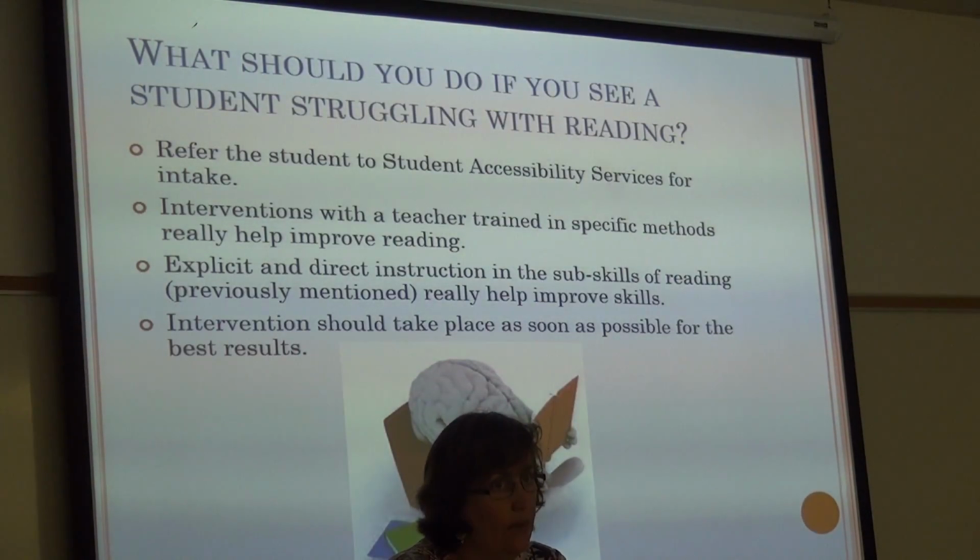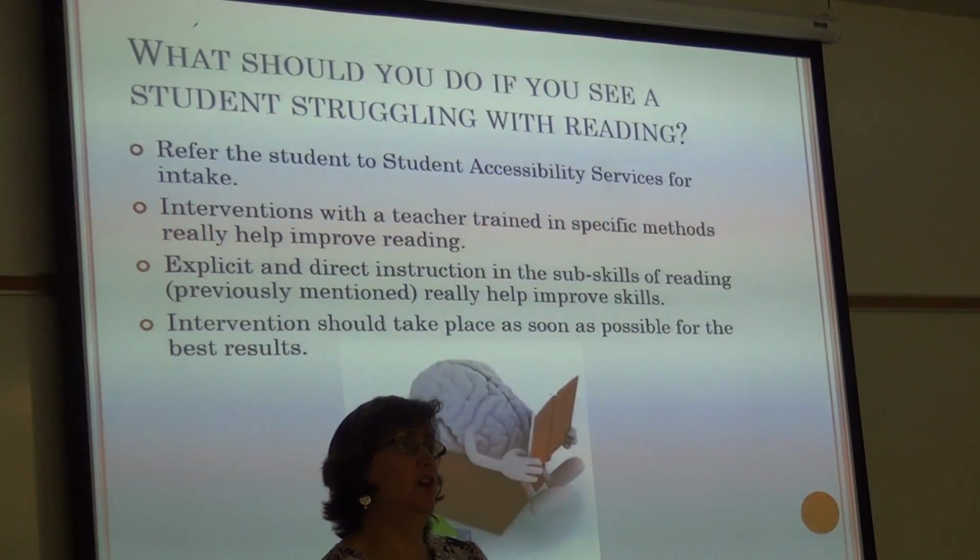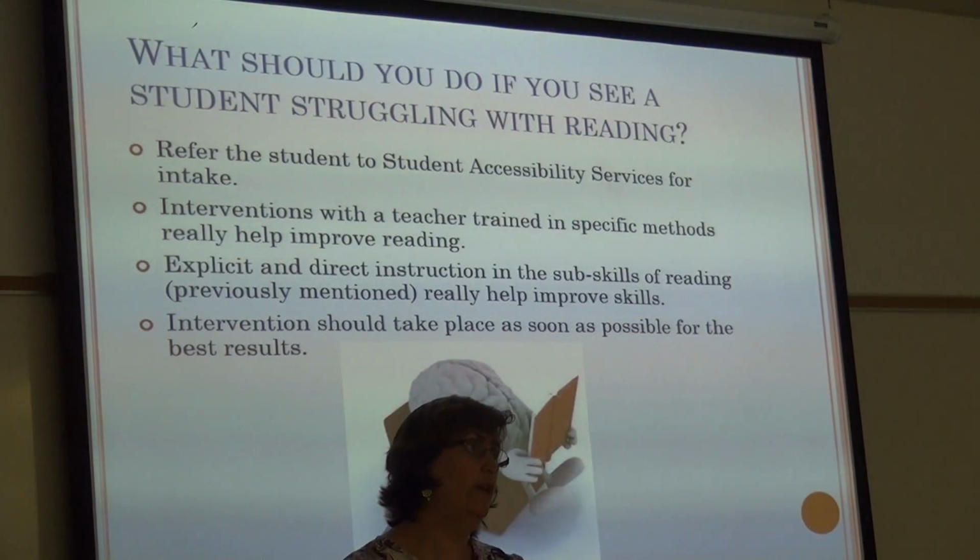Another thing that happens that we see often here in student life is that a student will have gone through the K-12 system with an IEP, but that IEP is not specific enough to truly support the student's learning needs.